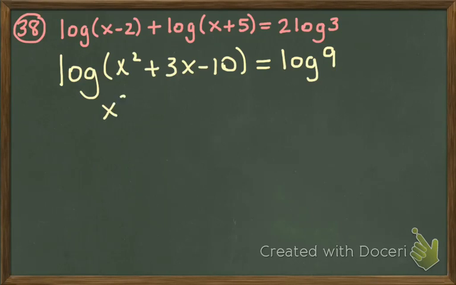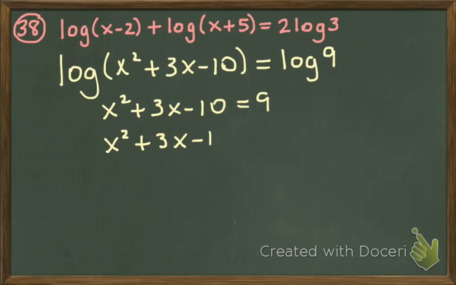It means that I can now drop the logs because what's inside them must be equal. And then because what's inside is quadratic, I'm going to get all my terms on one side, which would give me x squared plus 3x minus 19, which is not factorable. So I'm going to use the quadratic formula.